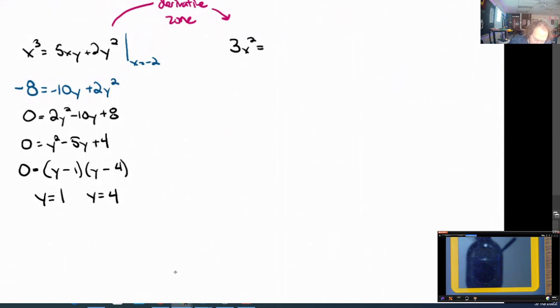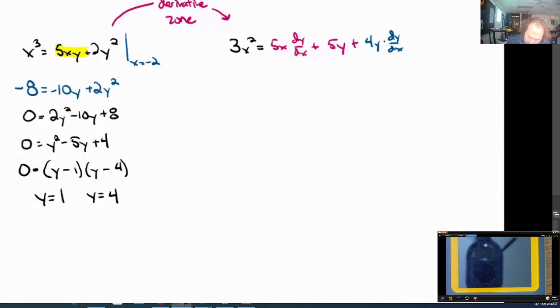Where 5x is still 5x, the derivative of y is dy dx, plus the derivative of 5x, which is 5 times the original y. And then finally, we're going to have plus 4y times dy dx. It's not even a very fun implicit derivative to do anyway. But we're going to soldier forward because we've already invested this much time in the problem.